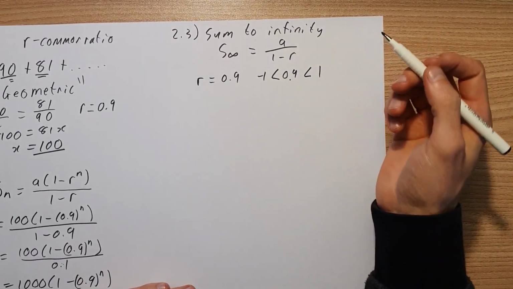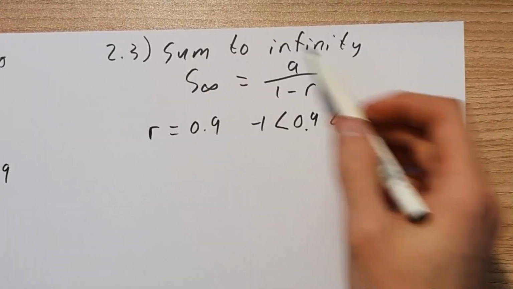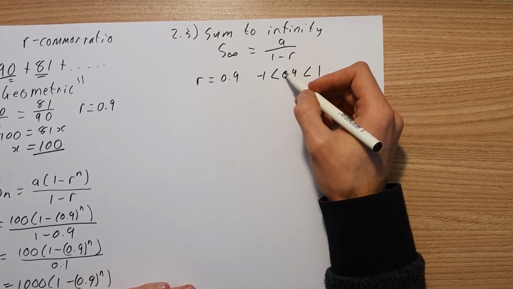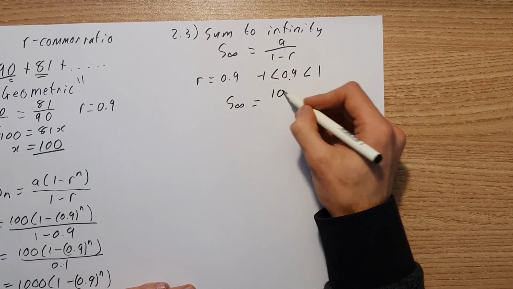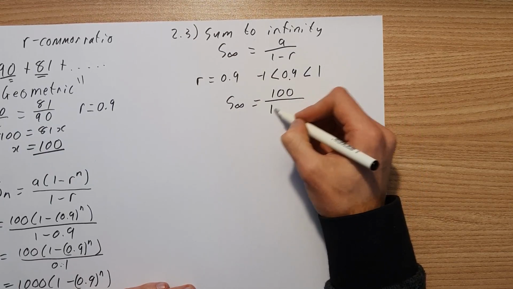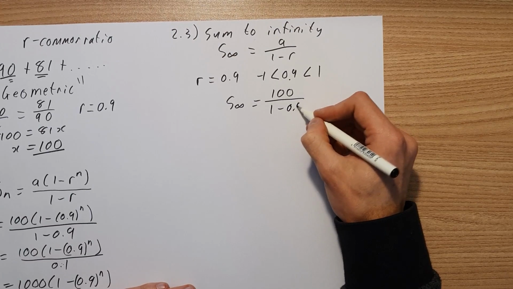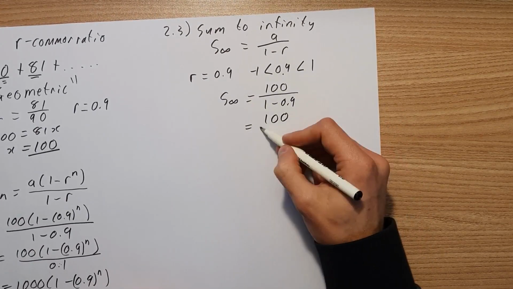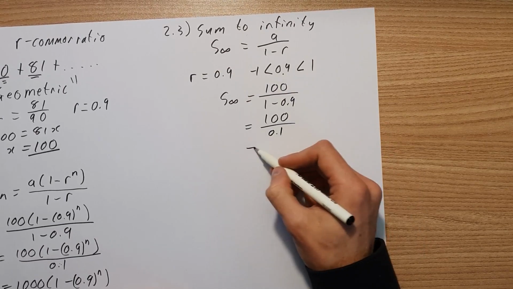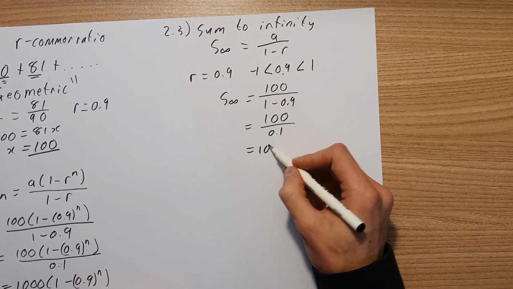So we're finding what it's converging to by finding the sum to infinity. The sum to infinity equals our first term, which is 100, divided by 1 minus r, which is 0.9. If you plug that into your calculator, you have 100 over 0.1, which is just equal to 1,000.